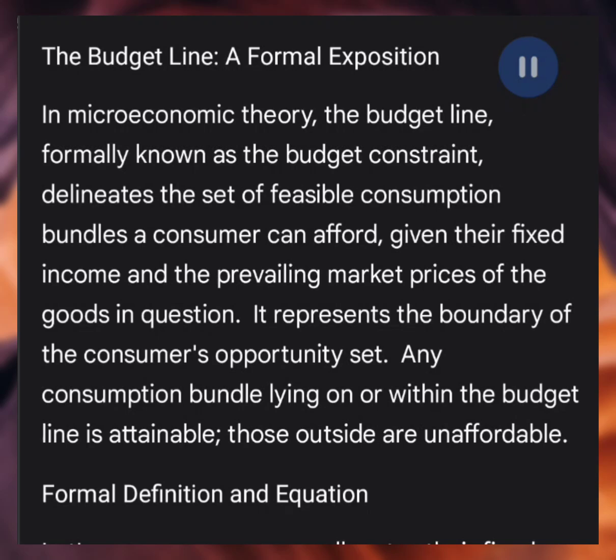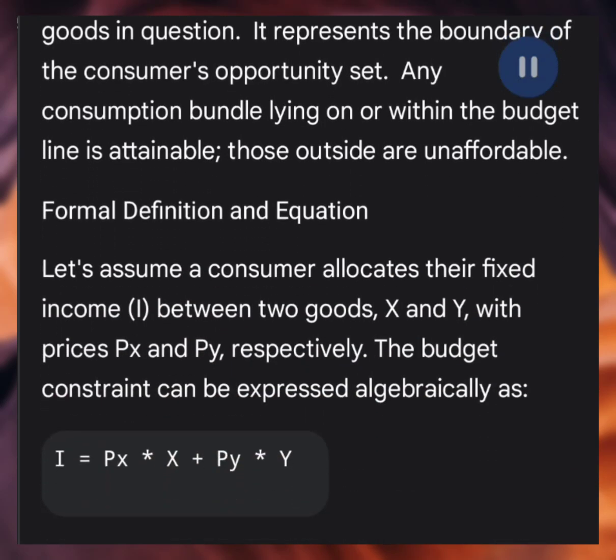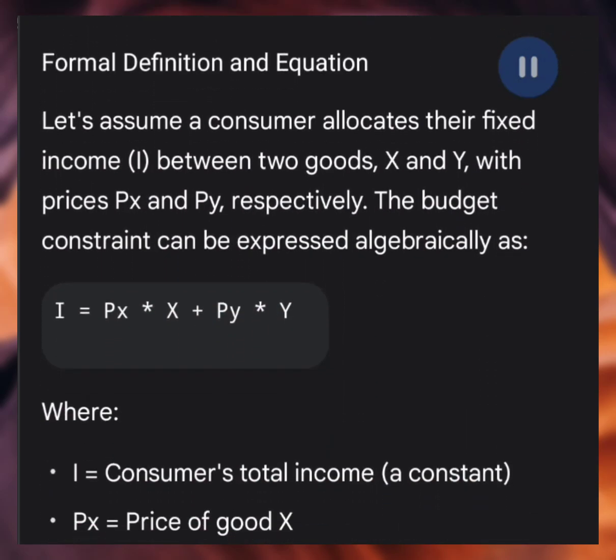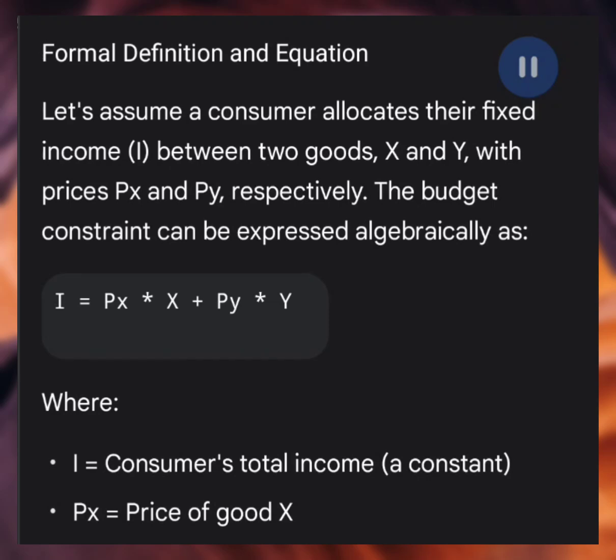Formal definition and equation. Let's assume a consumer allocates their fixed income I between two goods, X and Y, with prices Px and Py, respectively. The budget constraint can be expressed algebraically as I equals Px X plus Py Y, where I equals consumer's total income, a constant.